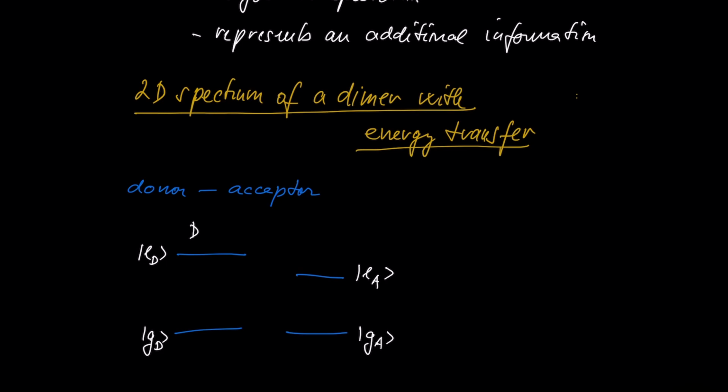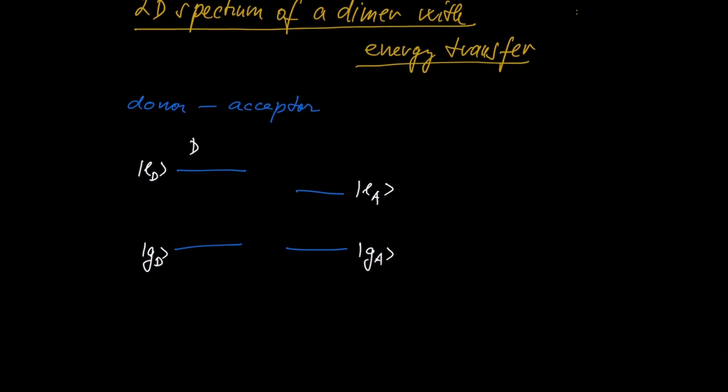There's something missing. We will assume one directional energy transfer. So once the excited state of the D molecule is populated, it will transfer the energy to the excited state of the acceptor molecule. And we will assume that the coupling which couples the two molecules is relatively weak. So there will be dephasing of optical coherences on the two molecules, and there will be energy transfer.